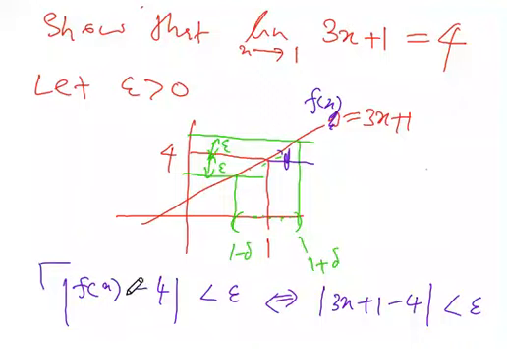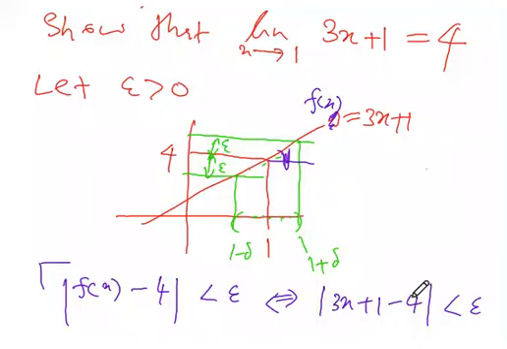Our function is 3x plus 1. Substitute that function 3x plus 1 and subtract your limit. The limit is 4, and this gap, f of x minus this value, is less than epsilon.